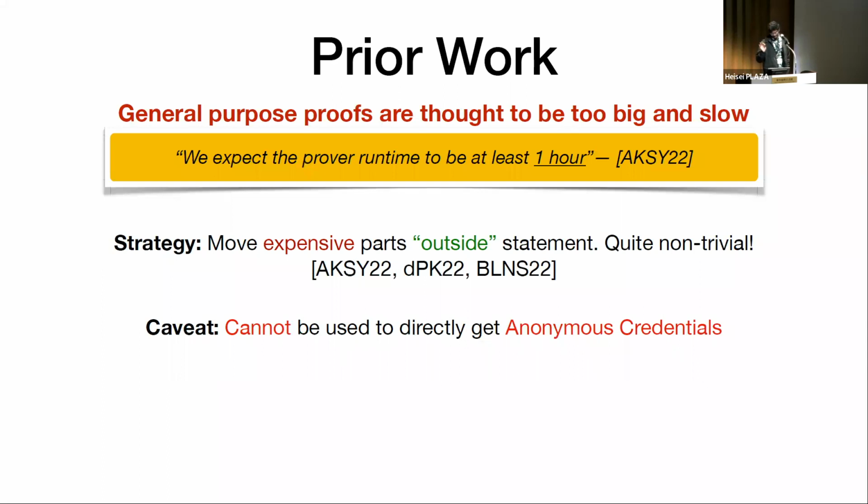And intuitively, the reason is because in these optimizations, what they do is they say, look, if you're anyway going to reveal this message to the verifier, you can actually ask the verifier to do some of the expensive computation in the clear and not actually prove that. And that allows them to offload a lot of the expensive computation outside of the proof. And essentially, the proofs you need are very simple for linear relations and, again, very impressive works.